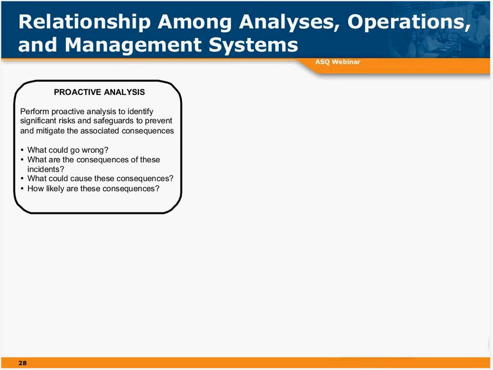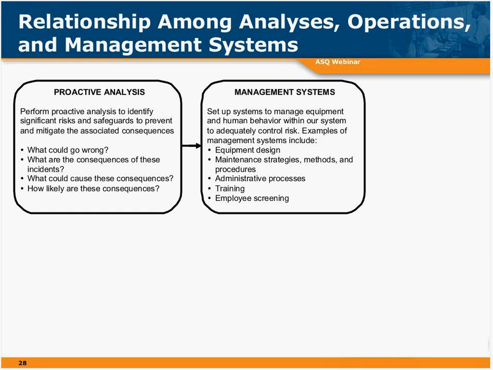We want to identify our significant risks and safeguards to prevent and mitigate associated consequences. We're asking relatively straightforward questions here. Before we build the plant, before we make the product, what could go wrong, what could cause consequences, how likely are these consequences? So we want to learn how we'll operate our systems and what the primary risks are from the operations.